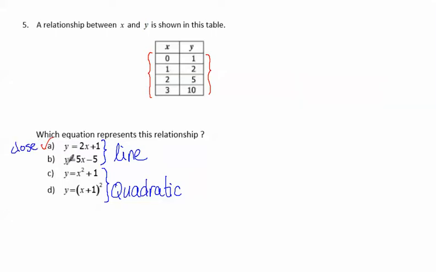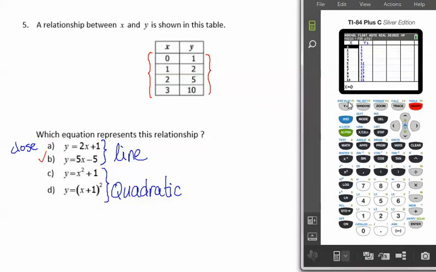So we try the next one. Go back to y equals and replace this with the next one, which was 5x minus 5. After that, you hit second and then the graph button to see the table, and you check to see if that matches. The 0 does not have a 1, it has a negative 5. The 1 is paired up with a 0 here.